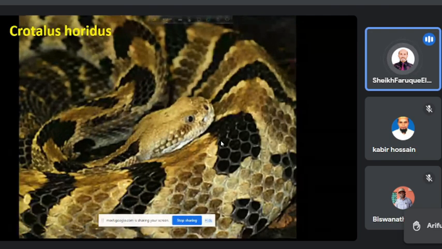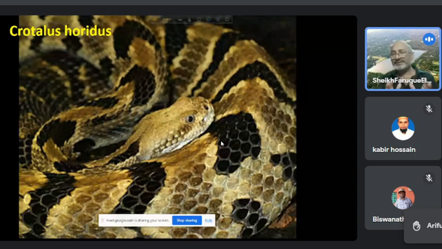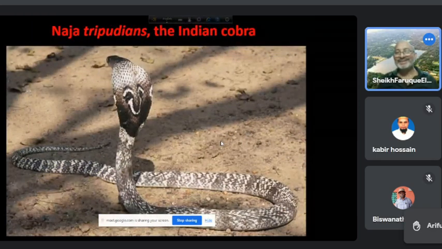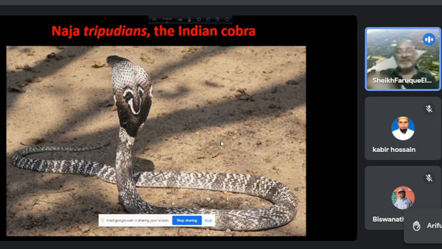This is Crotalus horridus. It's a very dangerous snake, but very useful medicine. We'll discuss it. Crotalus horridus. This is the Alot Shap in Sylhet. This is Naja tripudians, the Indian cobra. We see this snake played by snake charmers.